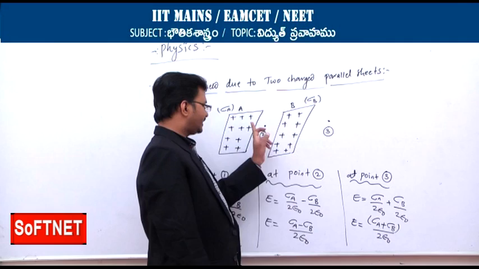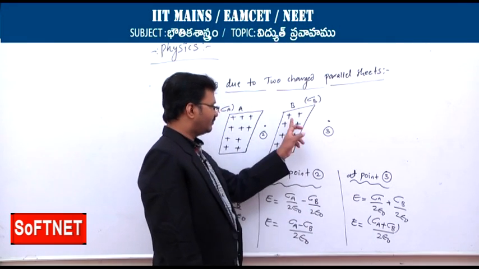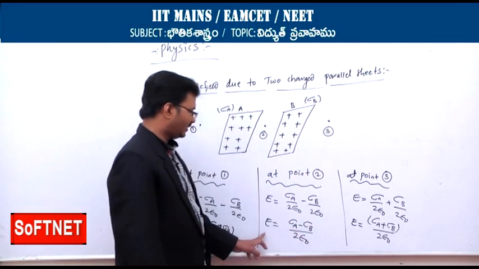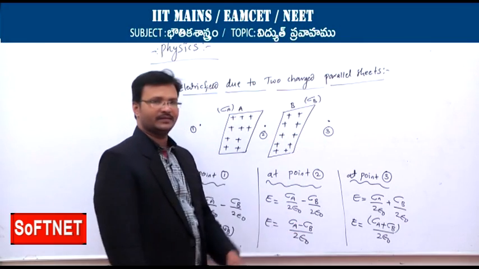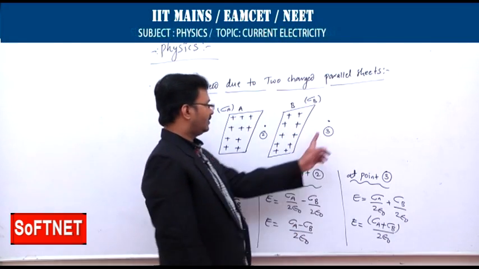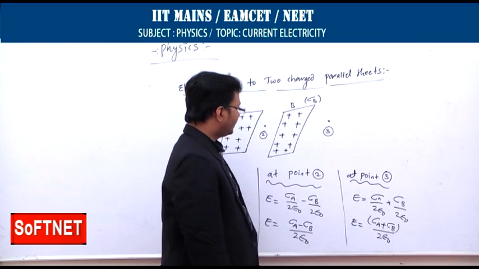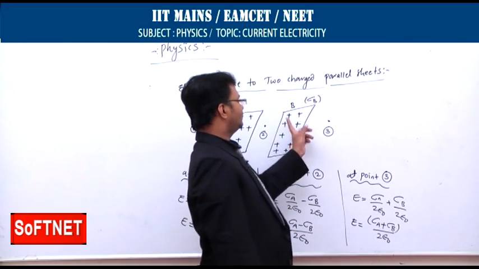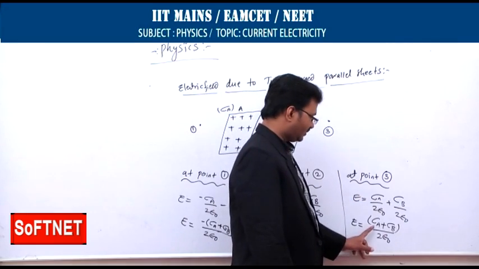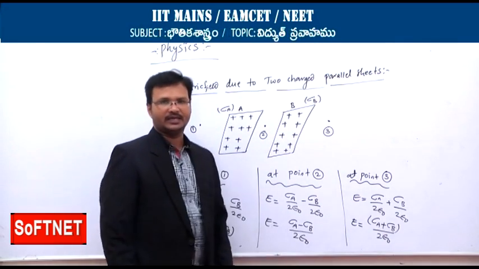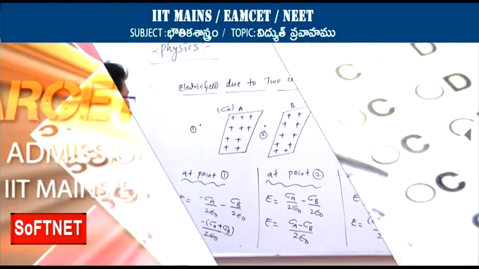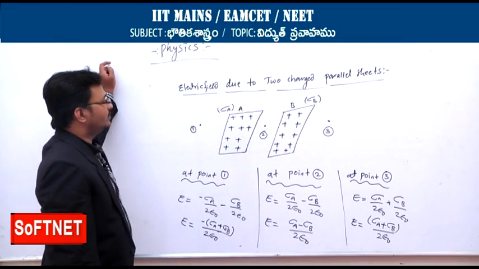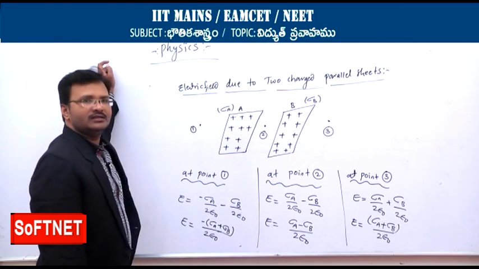Point 2 is on the left side of B, so that is minus. So, E is equal to sigma A minus sigma B by 2 epsilon naught. For point 3, right side of sheet A and right side of sheet B, so sigma A plus sigma B by 2 epsilon naught. So, this is the electric field due to two charged parallel sheets.